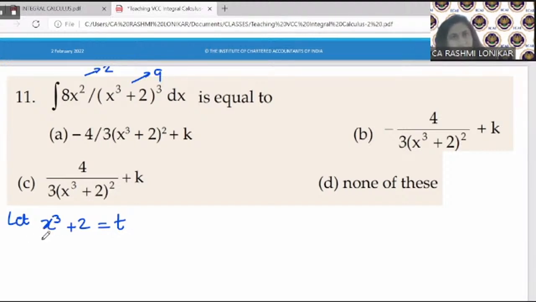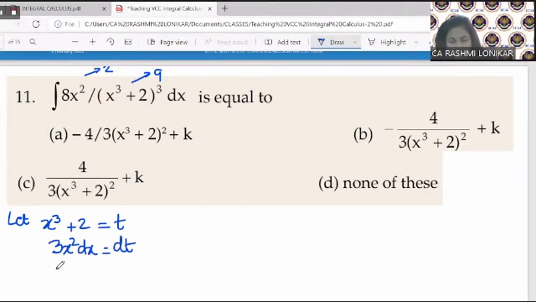Now the second step is finding the derivative. So this is 3x square dx equal to dt. Okay. So I get x square dx equal to dt upon 3. Now what will happen over here? What is the equation I've got?